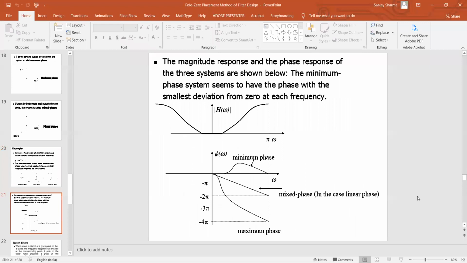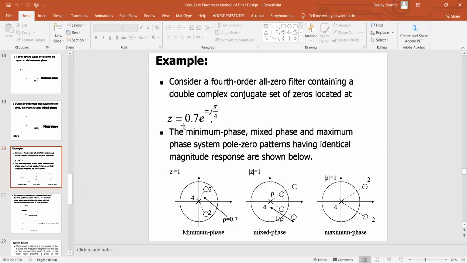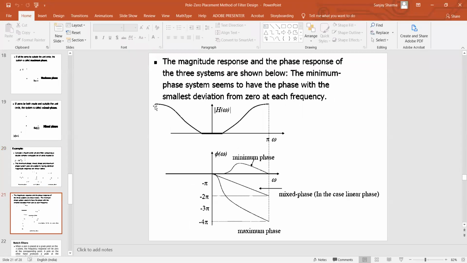Okay, if you calculate the Z transform, if you calculate the frequency response, then if you take the mod of that and plot the magnitude response, you will see that the magnitude response will be the same for all the three systems.